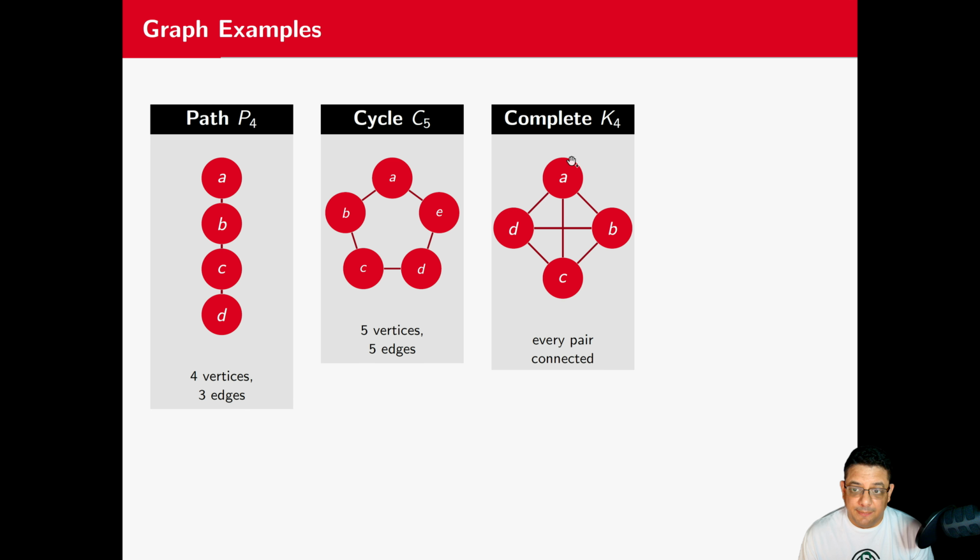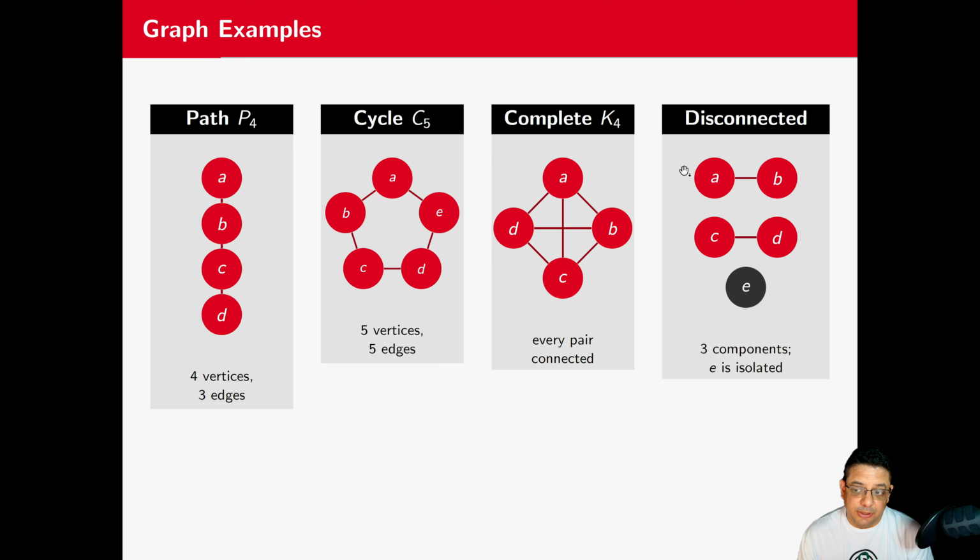We have K4, the complete graph, where we have 4 nodes and every node is connected to each other. You can see that node A is connected to D, B, and C with a particular edge, and it repeats with all the other nodes.